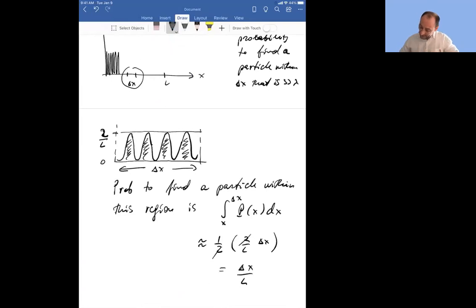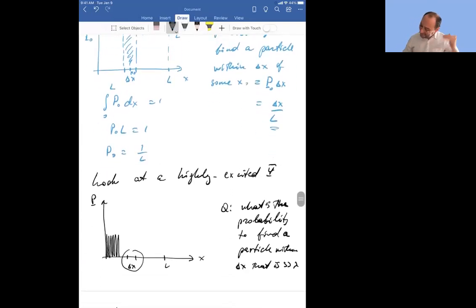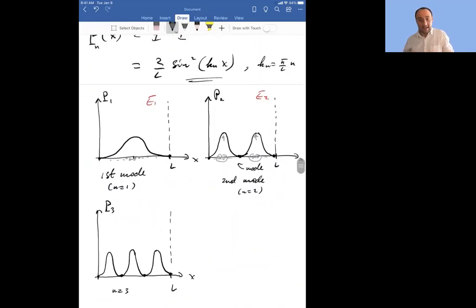over L. So you can see again that in highly excited states, there's a correspondence with classical physics. In ground state, that's not true. The probability to find a particle within this bin right here is not the same as the probability to find a particle within this bin.